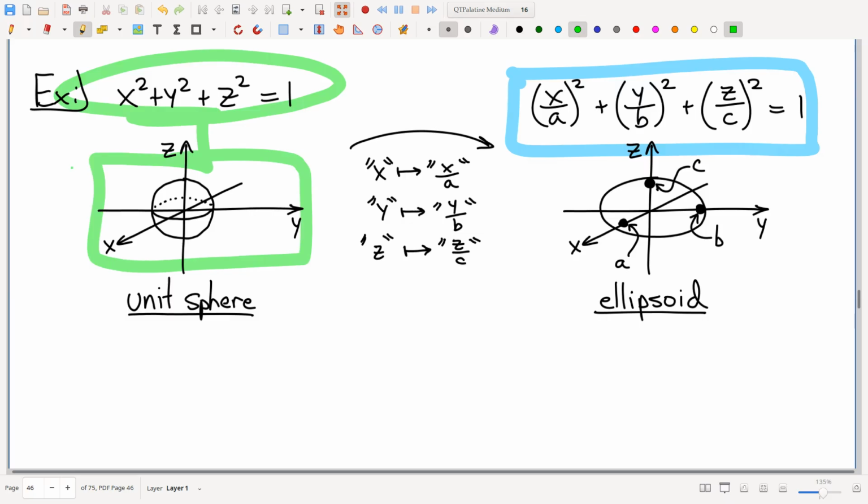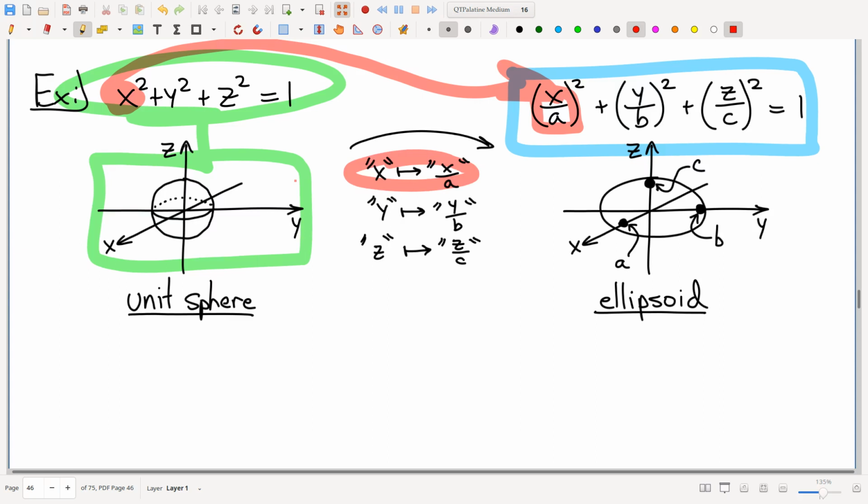That's an easy freebie. I can notice that all I'm really doing is, for example, everywhere I see an x, I'm replacing it with x over a, like so. And so how would I anticipate and cancel out the effect of dividing x by a? Well, all those x coordinates just need to get multiplied by a.